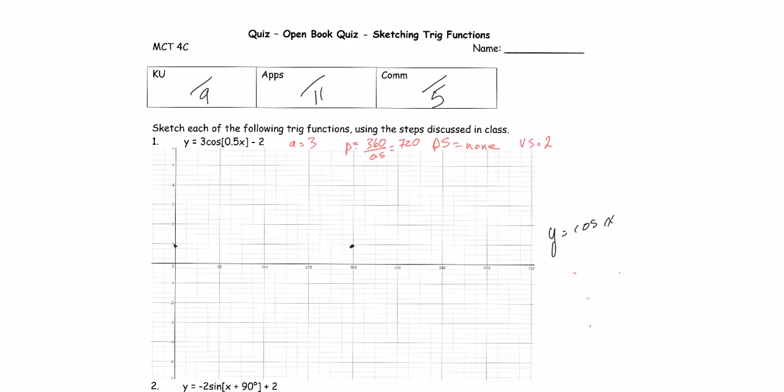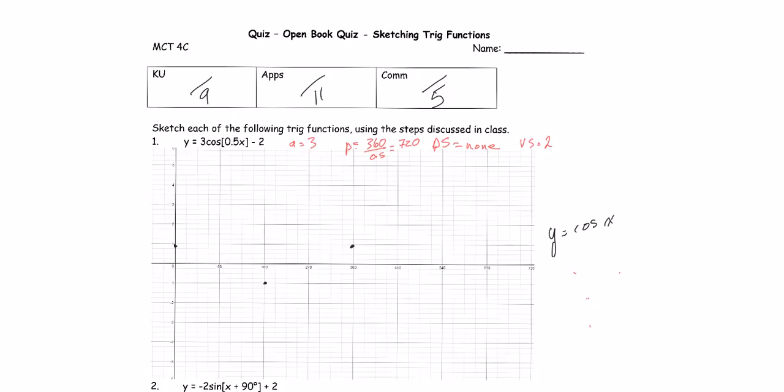You know that for each one of these graphs, we have 4 different parts for the original graph. So we know that if it starts and ends at 1, that means exactly halfway we have our minimum occurring at -1. And then halfway between these 2 points, we know we have to cross the x-axis.